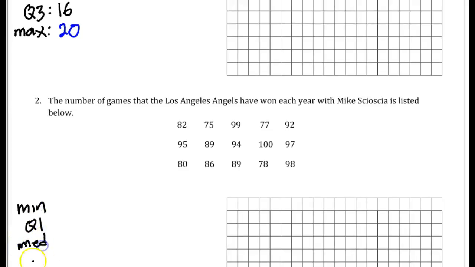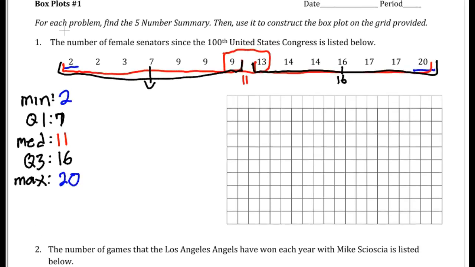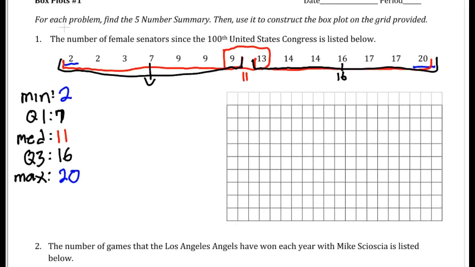That way it's already there, so when you go to graph, it makes a lot more sense. It's not necessarily the order you're going to find all the answers. You might find the min first and the max second, but write in that order from least to greatest no matter what. Okay. So up to that point, that is all review from yesterday.